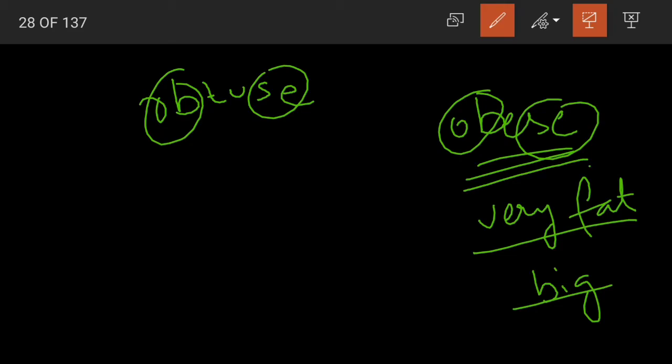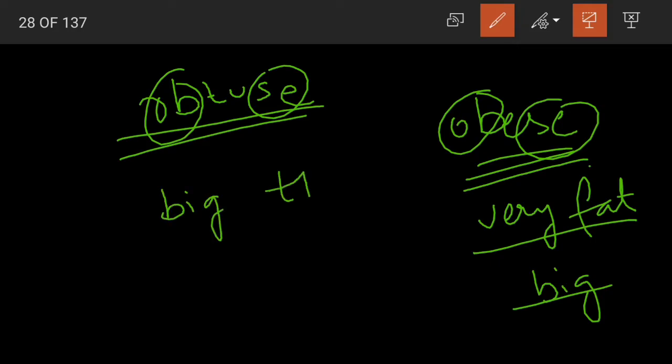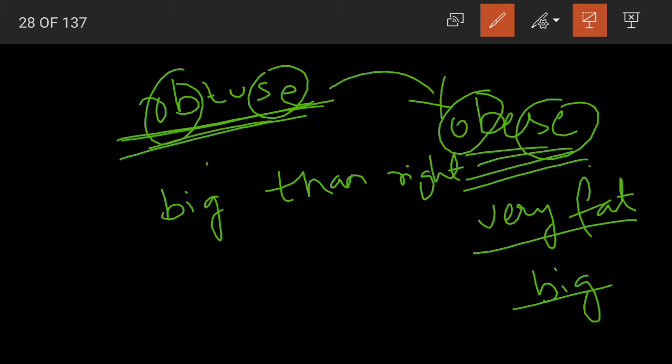Now in the same way, obtuse is an angle which is bigger than our right angle. Understood, children? Obtuse is similar to obese. Obese means a person who is very big or who is very fat. So in the same way, obtuse angle is an angle which is bigger than the right angle, or it is more than the right angle.